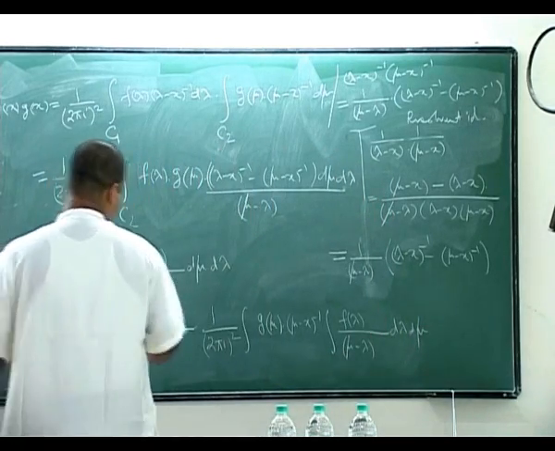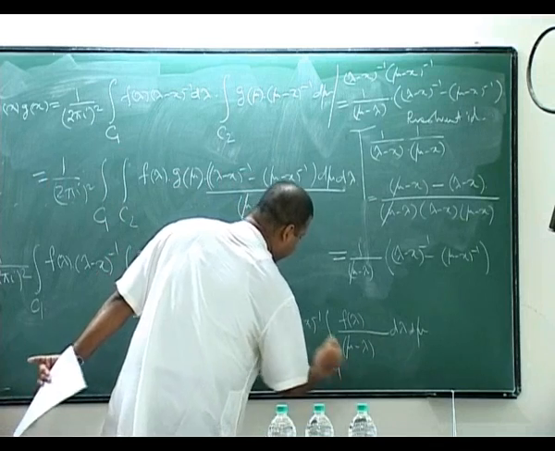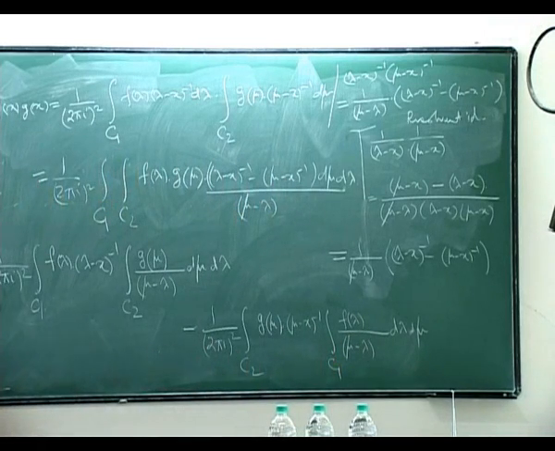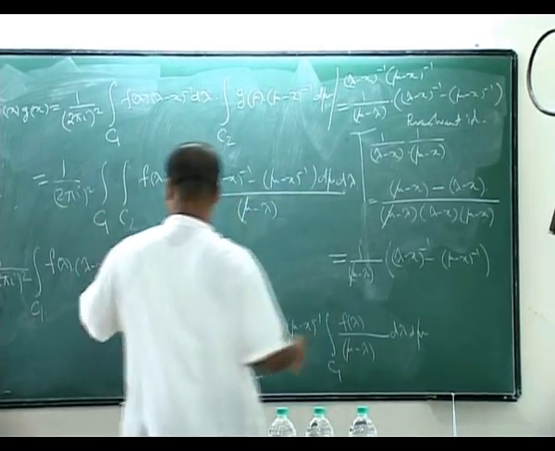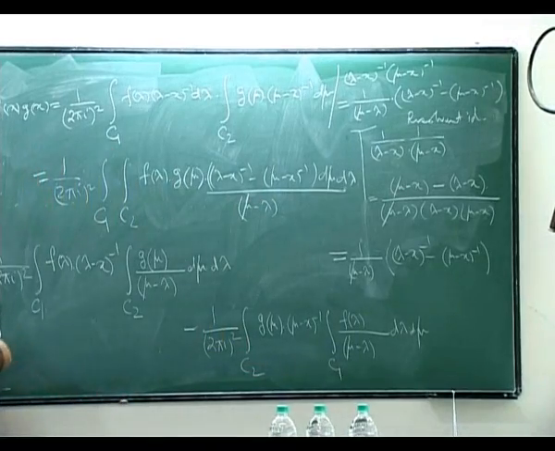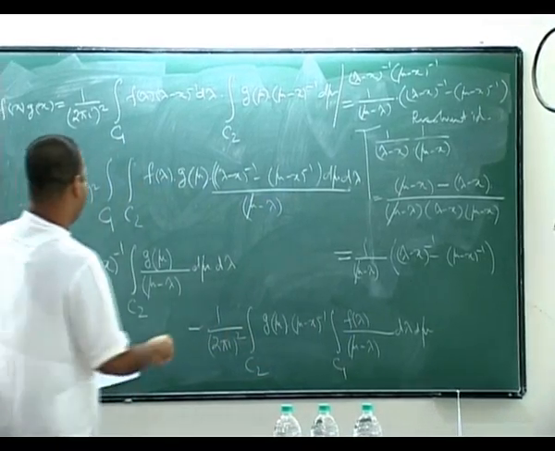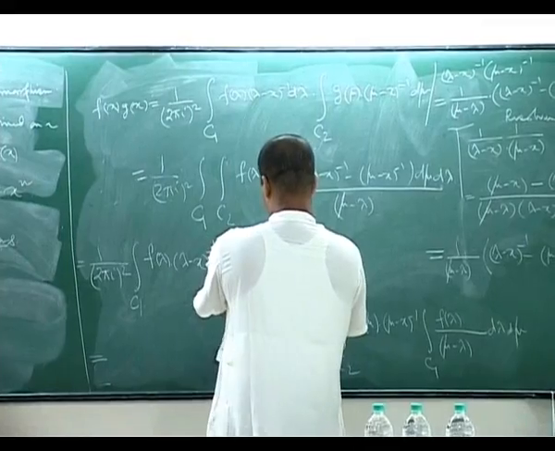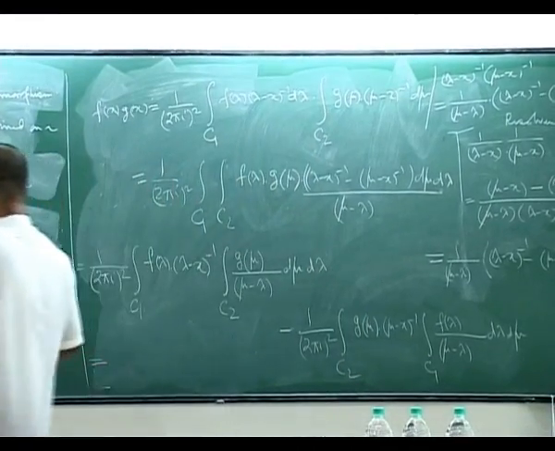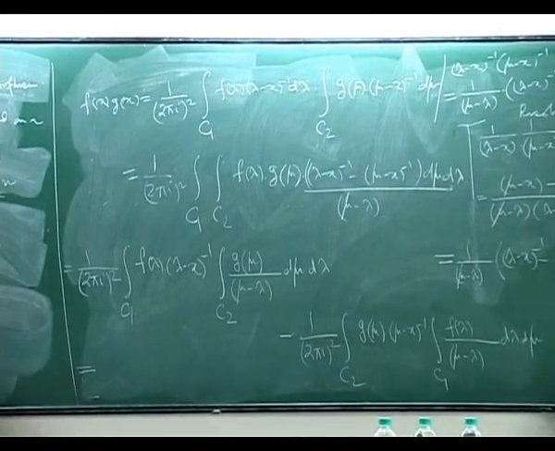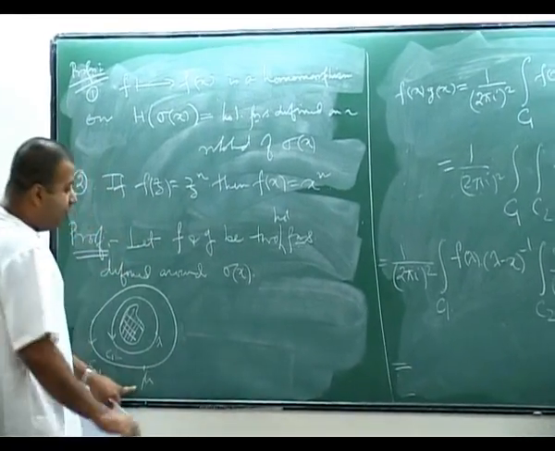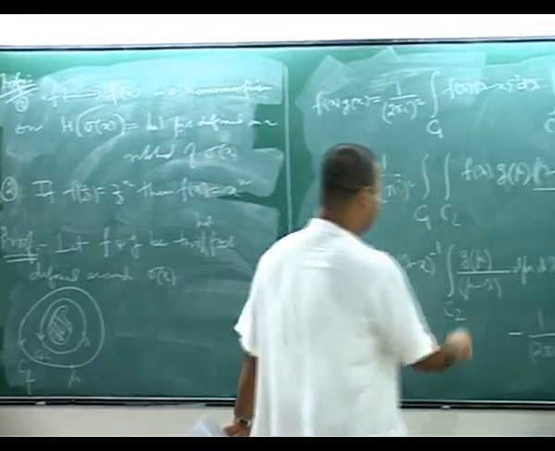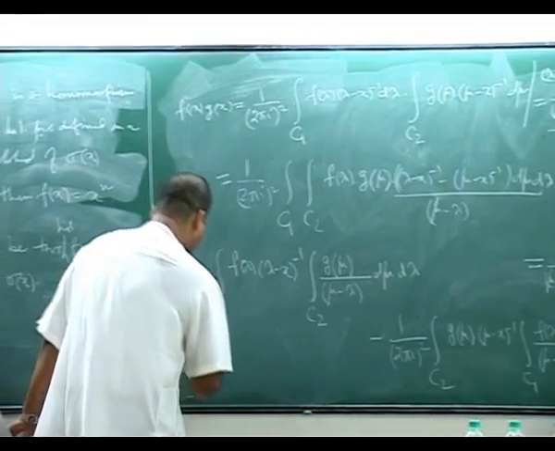So two things are happening. Firstly, I am freely changing order of the integration. Again, that is justified by the uniform continuity of all these objects and Riemann integrability and so on. And secondly, this curve C1, lambda is a point here and mu is a point there. So this integral is g lambda.